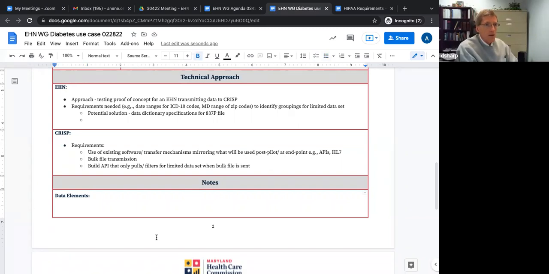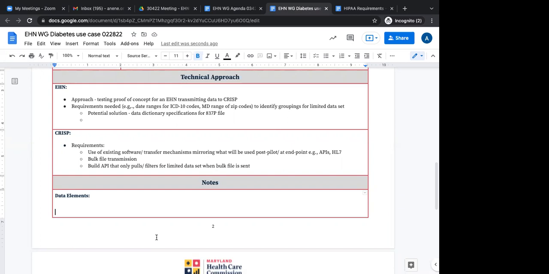Lee, your comment. So I was just looking to clarify here with Mike and Craig. What I'm seeing as far as the requirements, the first is really creating this with a FHIR API, as well as the last one, which is to build a FHIR API that would pull the filters.